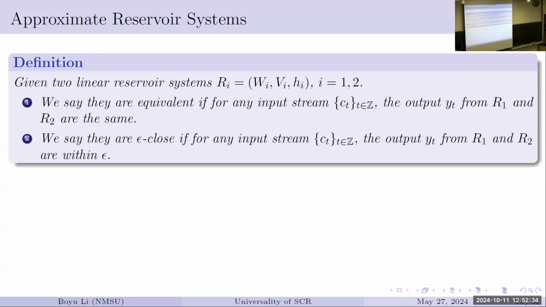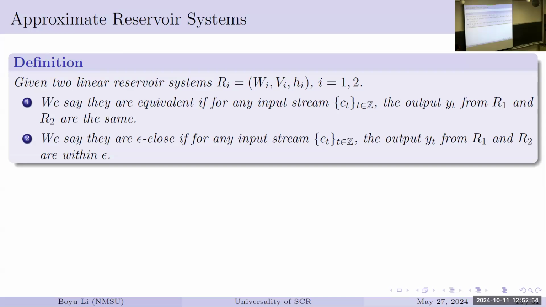We also call them epsilon close if, given the same input, my outputs are always going to be within some epsilon. Remember our input stream is going to be uniformly bounded by some constant. We only look at those kinds of inputs.